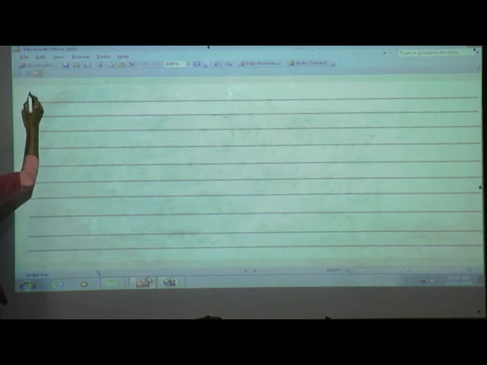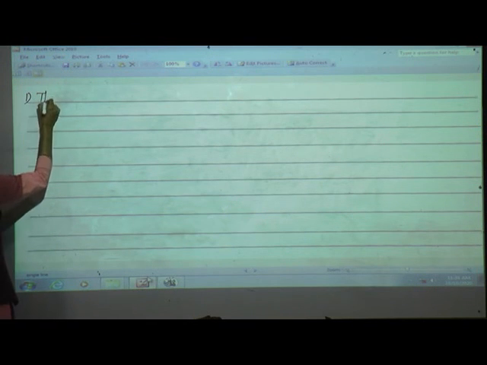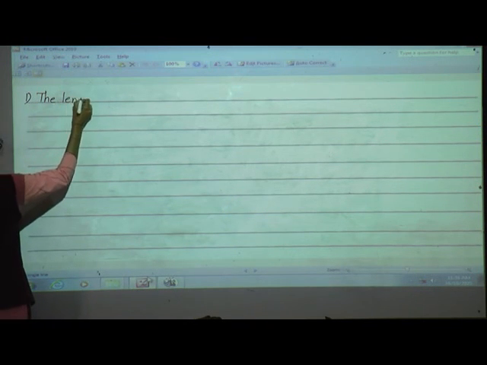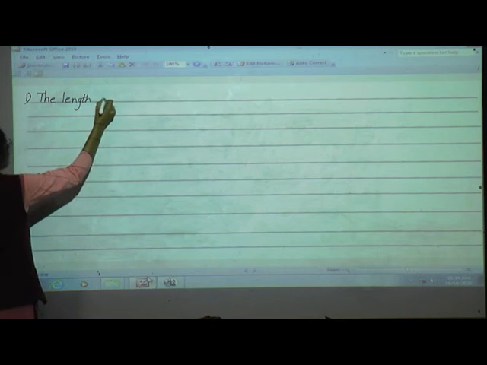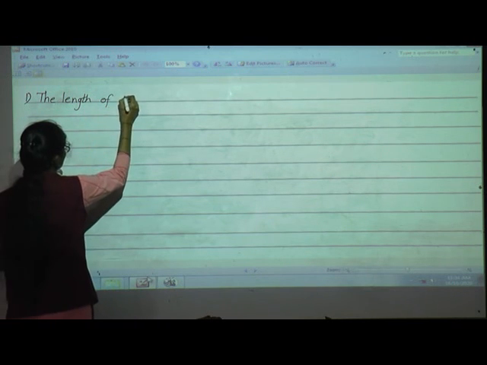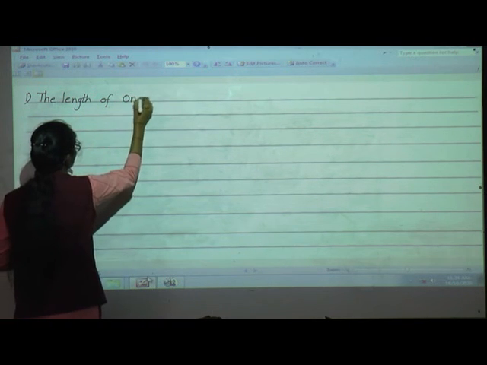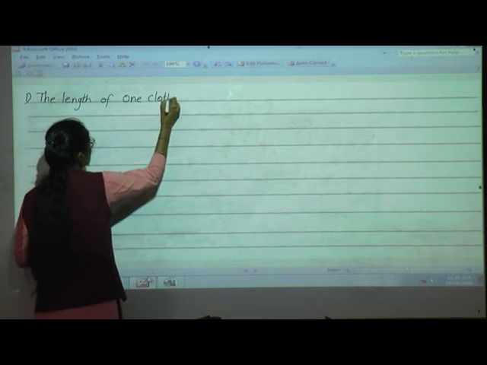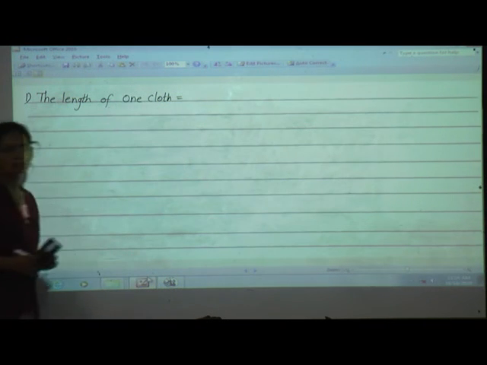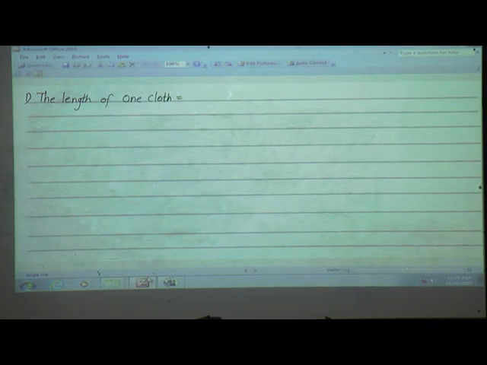Here we'll write, length of one cloth is equal to, what was the length of the first cloth or one cloth? 18 meter 60 centimeter.